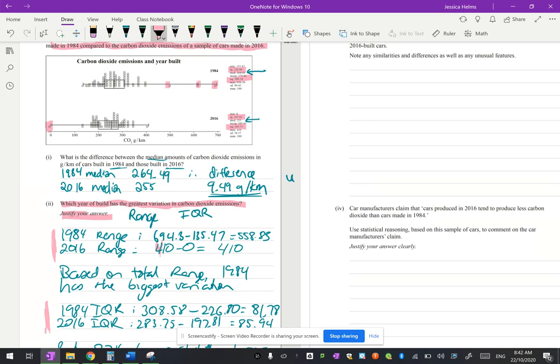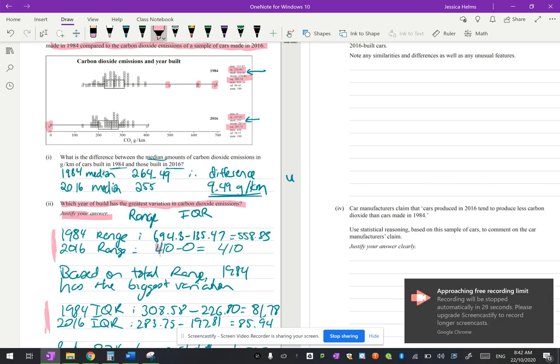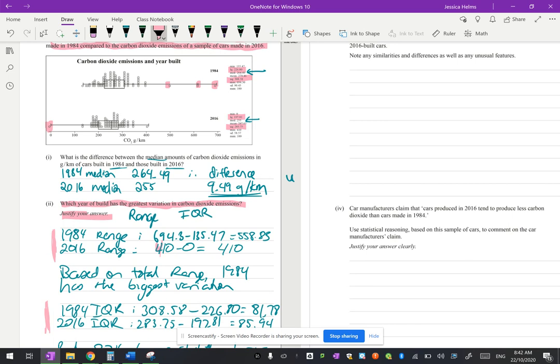Interquartile range gives you the middle 50% and is sometimes a little more effective at showing variation because it looks at the middle of the data and isn't affected by those outliers. But obviously you can get a merit for this one based off whichever one you use.